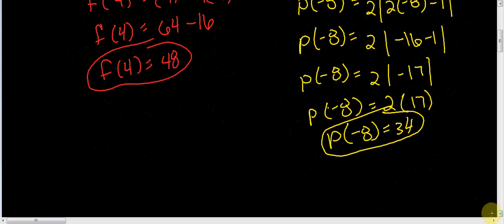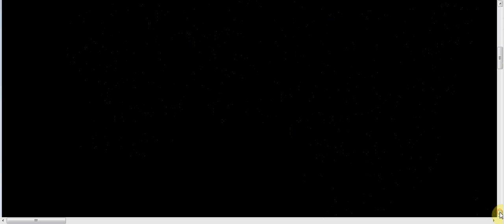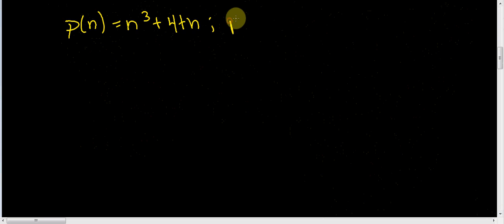Alright, let's look at a few more examples. Let's say I wanted to look at the function p. This time p of n is equal to n cubed plus 4 plus n. And I want to evaluate this function when n is equal to 3.